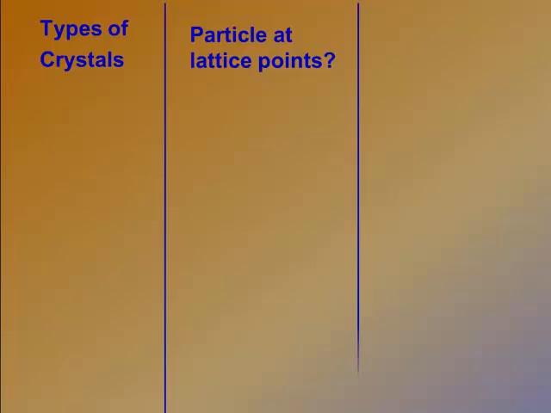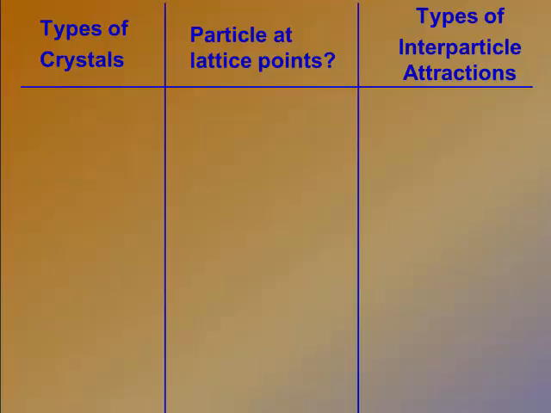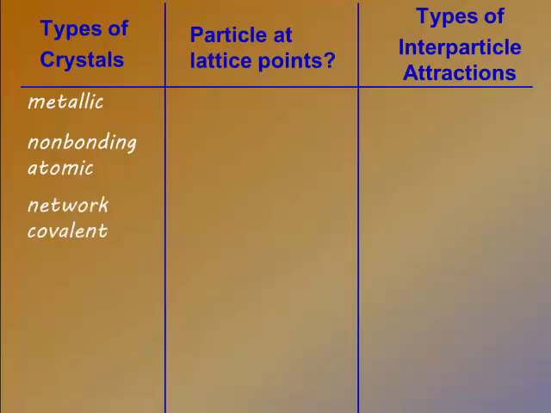Well, that's a lot of information. Let's summarize. Pause the video and see if you can list from memory all 6 types of crystals, the particle at the lattice points in each type, and the type of attraction between those particles. What are the 3 types of atomic solids discussed? Metallic, non-bonding atomic, and network covalent.